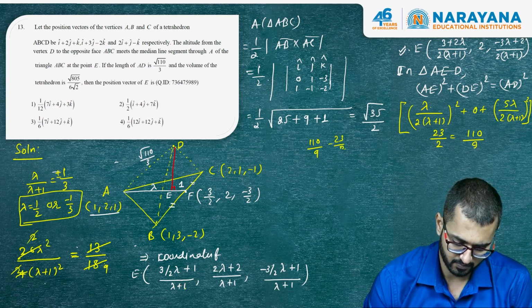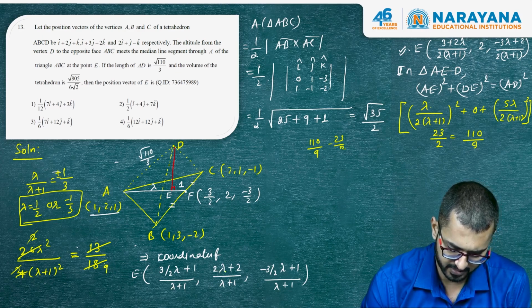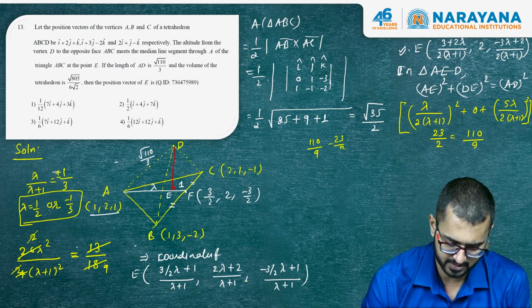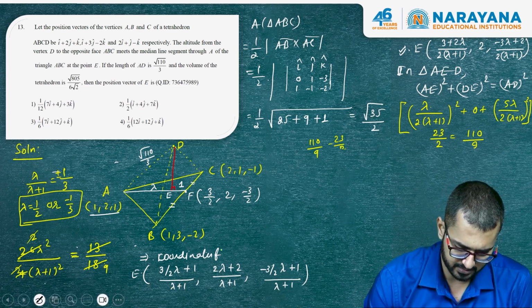so 7 by 6, and then we have to see is it there in which of the options. 7 by 6 and then 2. 7 by 6, and then this will become 2 lambda, 1 by 2. So yes, 2 gets cancelled, so 2 only. That means it should look like this.